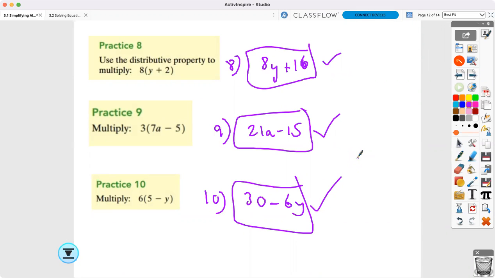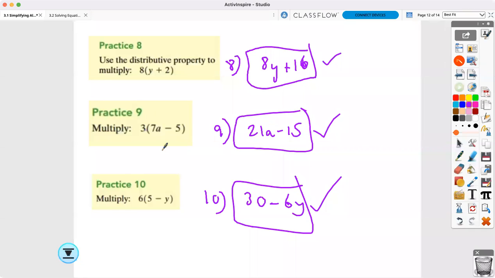Good job, class. Anyone have any questions, comments, or concerns on this practice set? Would it be possible if you could explain them a little bit? Which ones would you want me to explain, sir? I think 9, because I was close on 9. I got 21a, but I ended up with 5, which of course is incorrect.